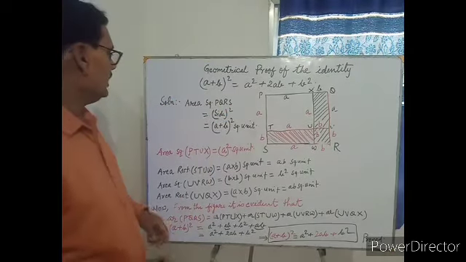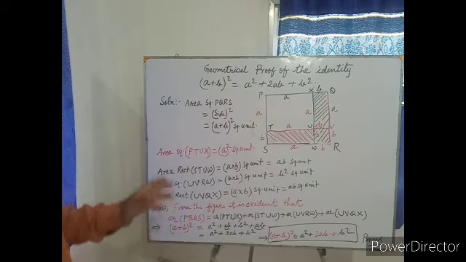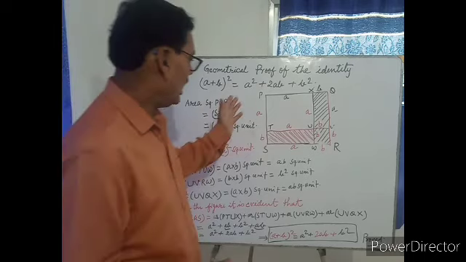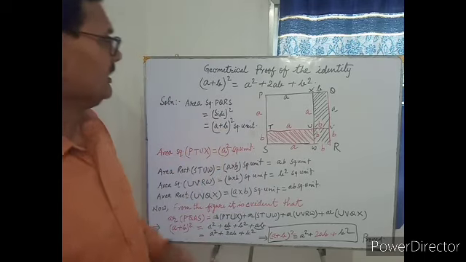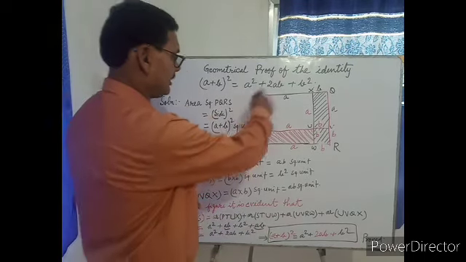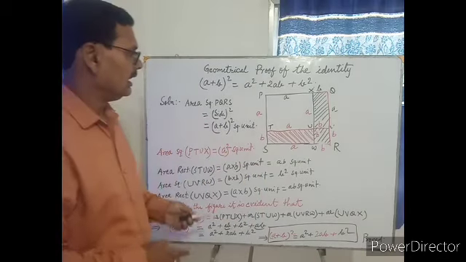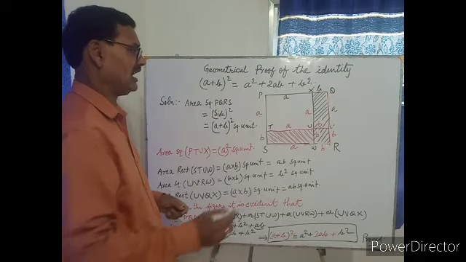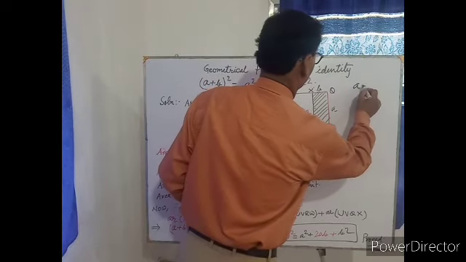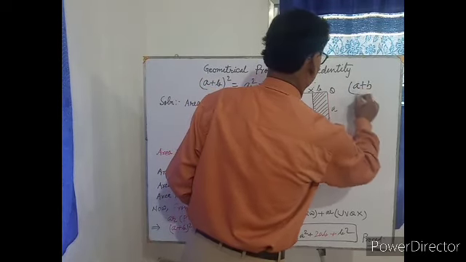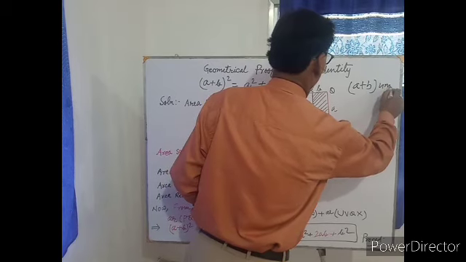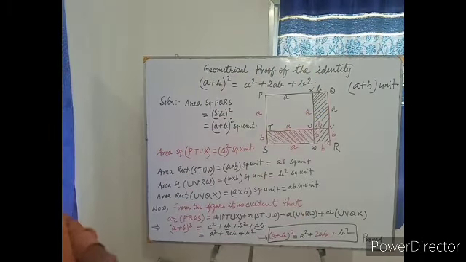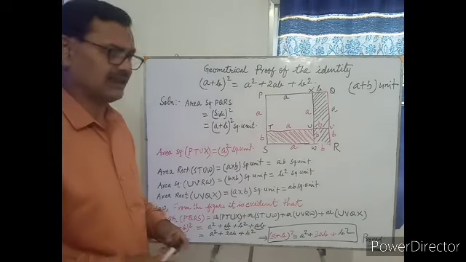Okay students, now let us start. Let us draw a square PQRS of side length a plus b unit. You need not be confused about the side length of a plus b unit.